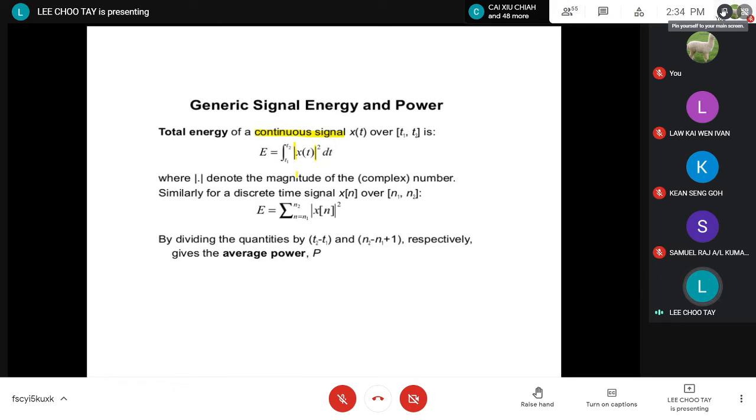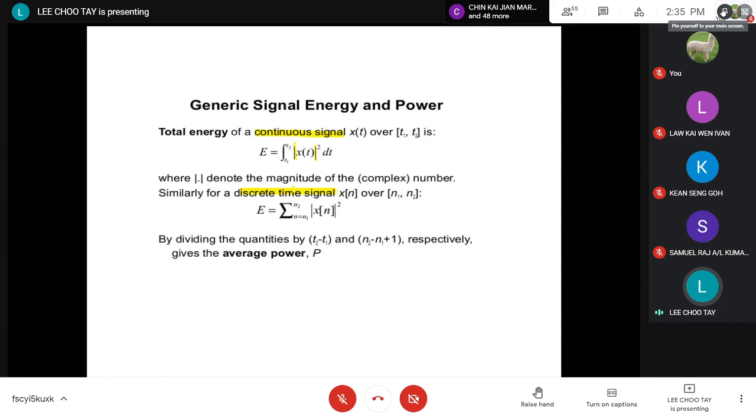That will give us the energy. And then for discrete time, it is actually the same thing. Instead of using t, we use n, because we use n to represent the discrete signal at different times.